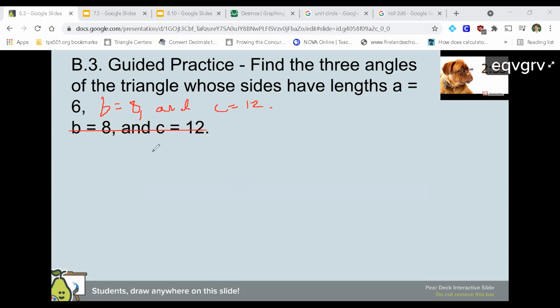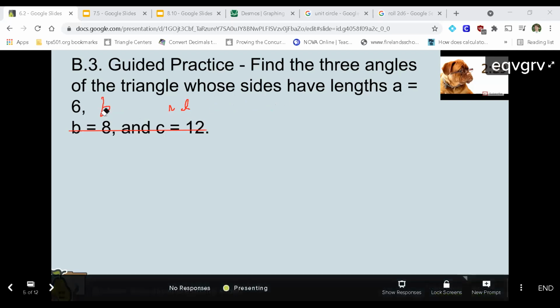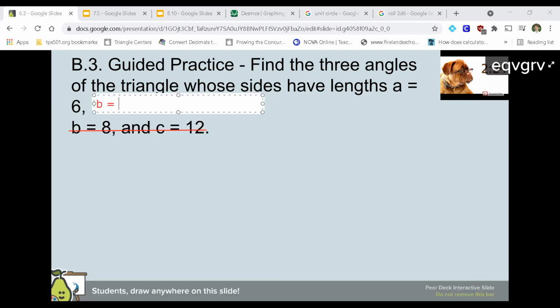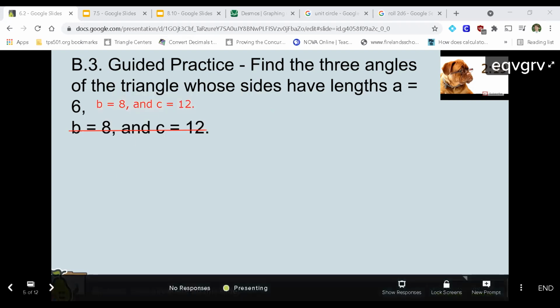That's better. I should probably use the text tool more than handwriting stuff.